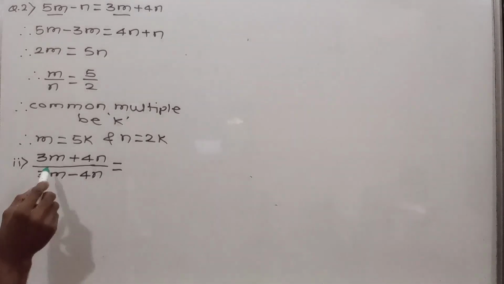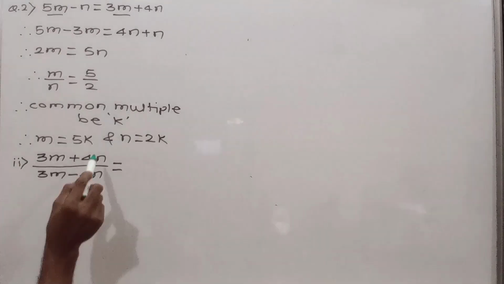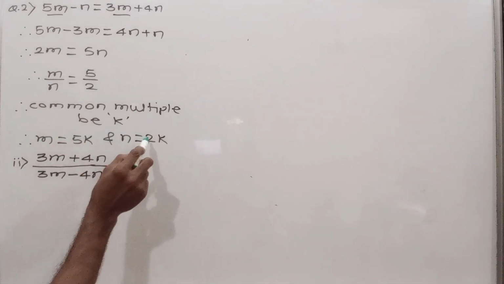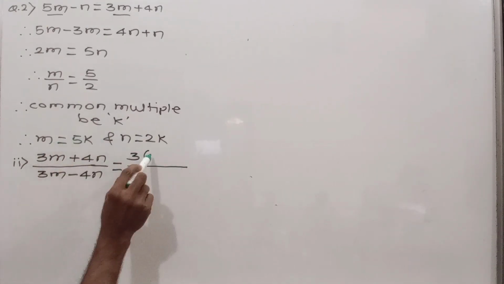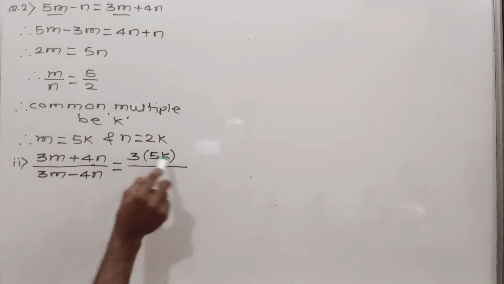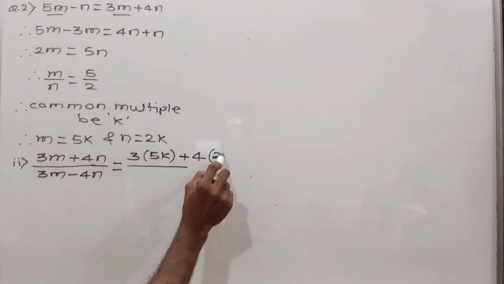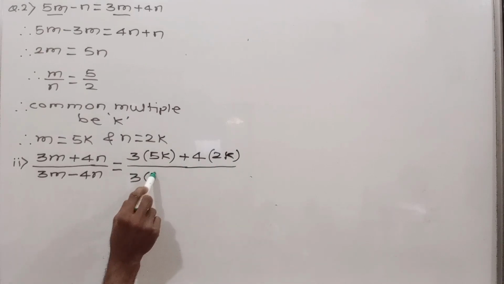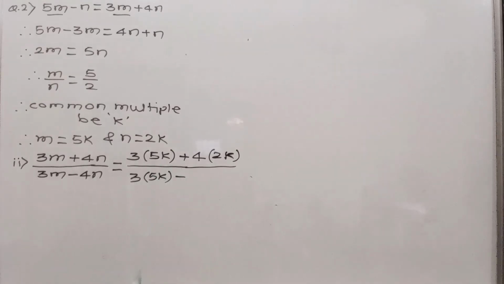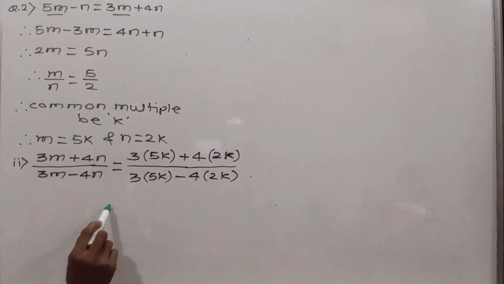Example number second, 3m plus 4n upon 3m minus 4n. Now we put the values of m and n respectively. 3 into the value of m, 5k, plus 4 into the value of n, 2k, upon the same, only the middle sign is different, minus 3 into 5k minus 4 into 2k.